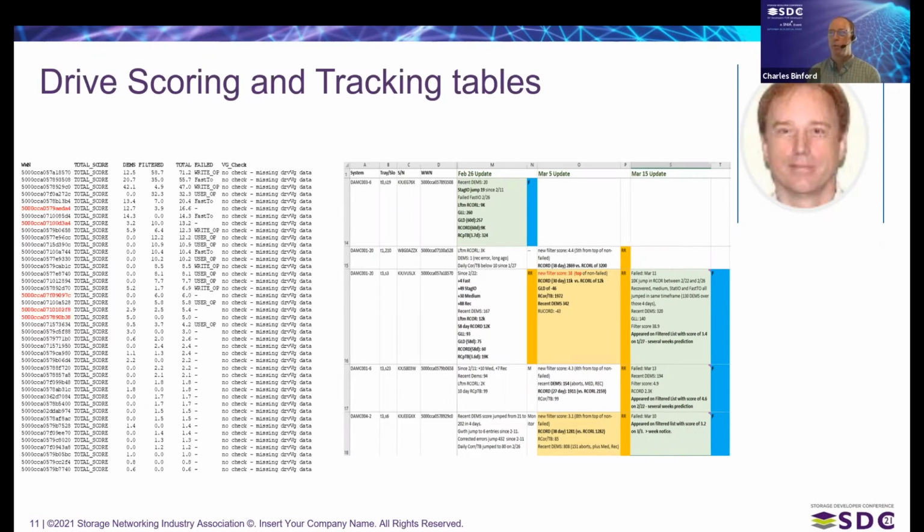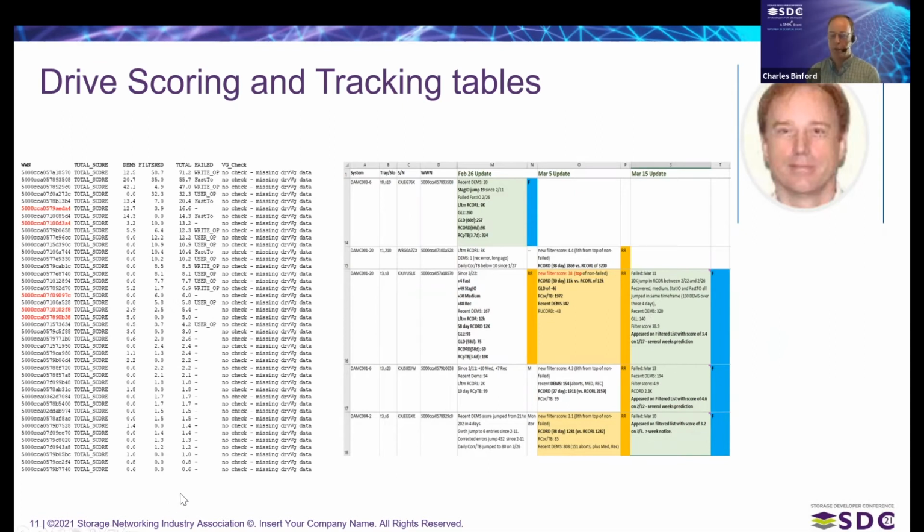If it was a user op, we pulled it manually. With a write op, for example, it failed a write, and so the controller failed the drive. You can see that the top few had total scores in the 70 range, and the bottom half had scores of 3 and under.